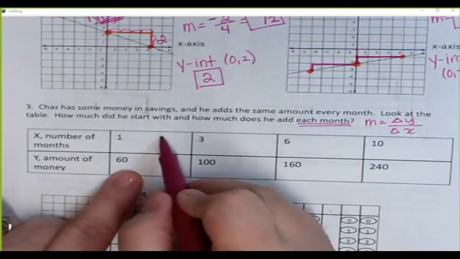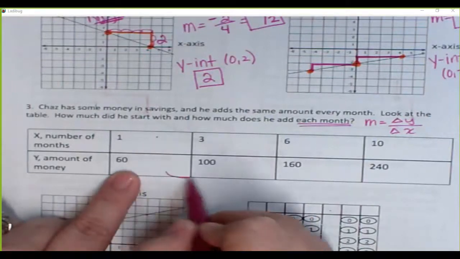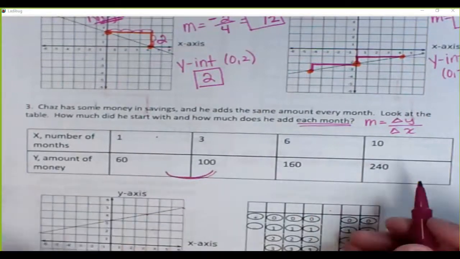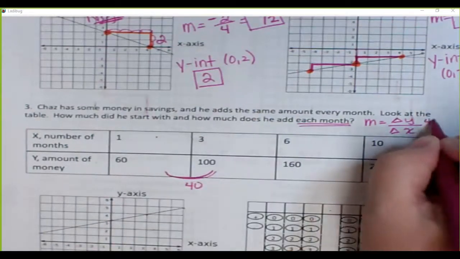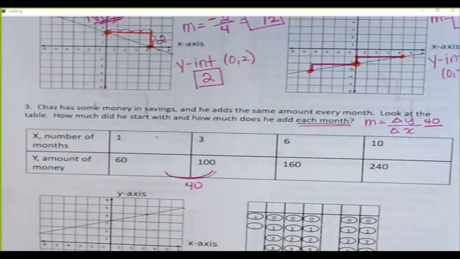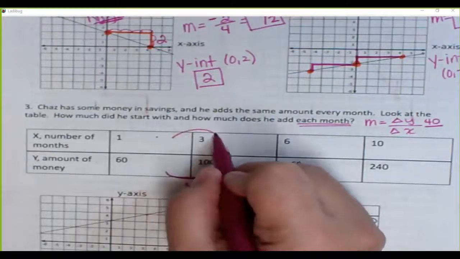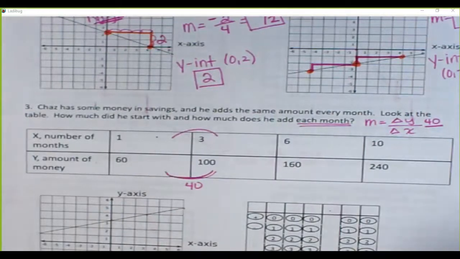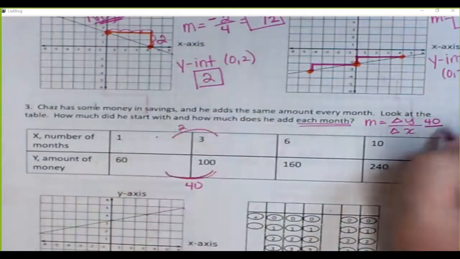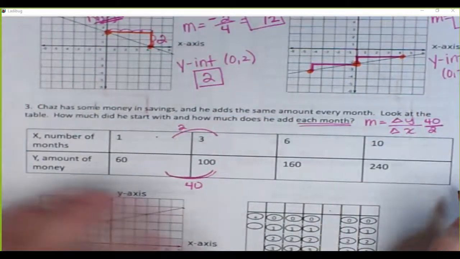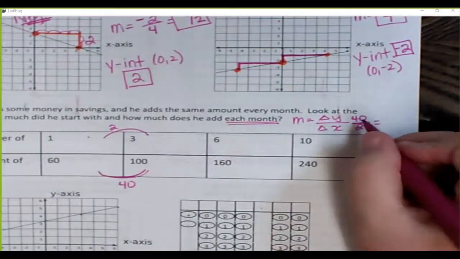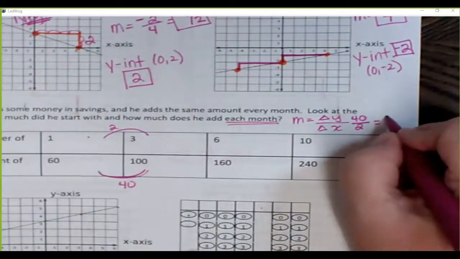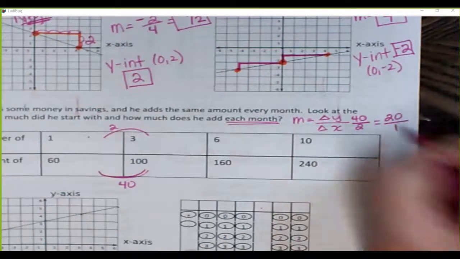All right, so how much did my y's change from 60 to 100? 40. And then how much did my x's change from 1 to 3? 2. Can I simplify that? I can divide, so 40 divided by 2 is 20 over 1.